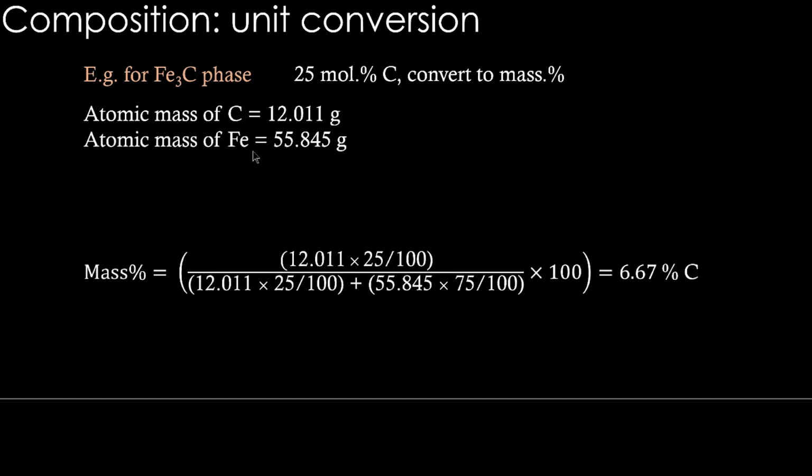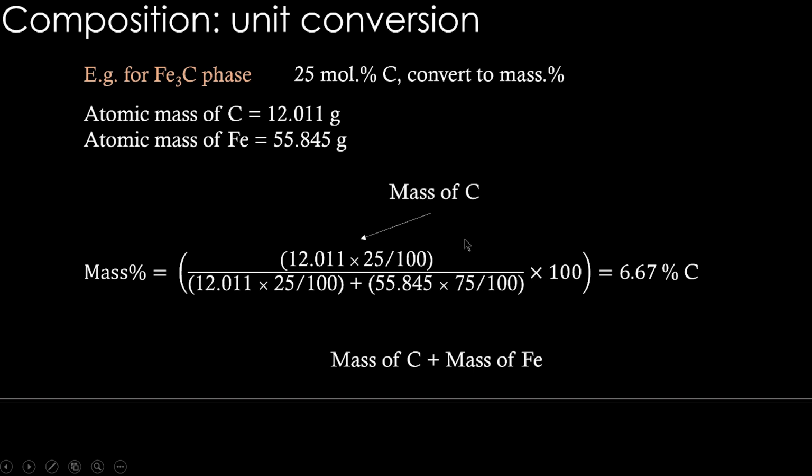So the mass percent of carbon is going to be 12.011, the carbon's atomic weight, multiplied by atomic percentage 25, and in the denominator we have both carbon's and iron's atomic weights and their atomic percentages. What we are essentially doing is taking the mass of carbon in the numerator and the mass of carbon plus iron in the denominator. So we get 6.67 mass percent or weight percent.